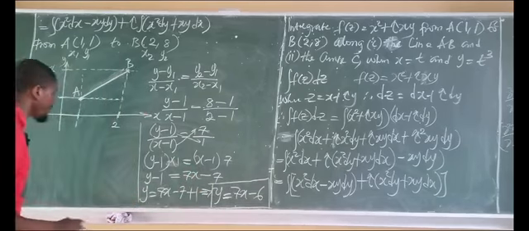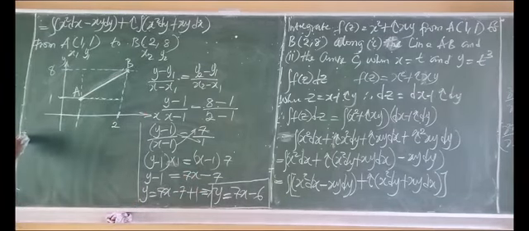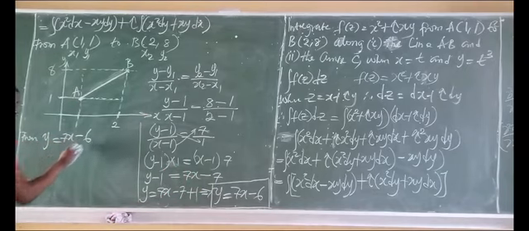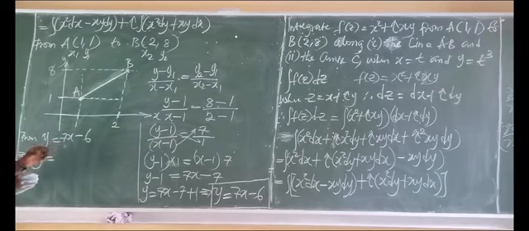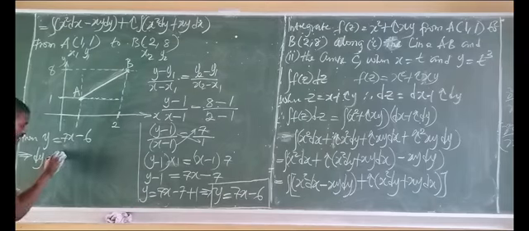And as such, I can find dy. So from y equals 7x minus 6, this implies that dy is equal to the differentiation of 7x. If I differentiate 7x, I will simply have 7 dx.